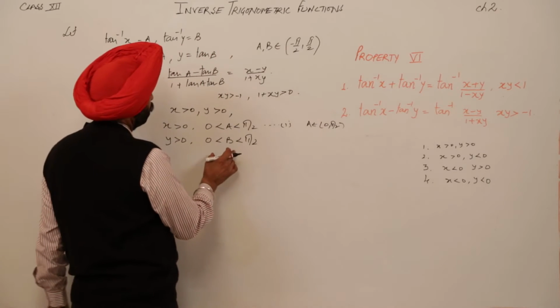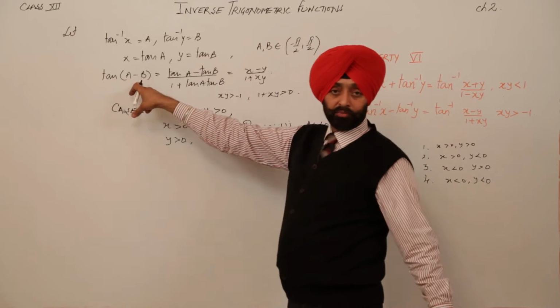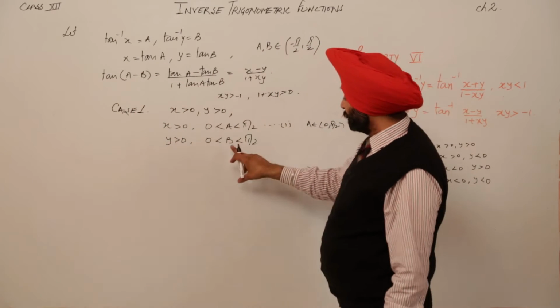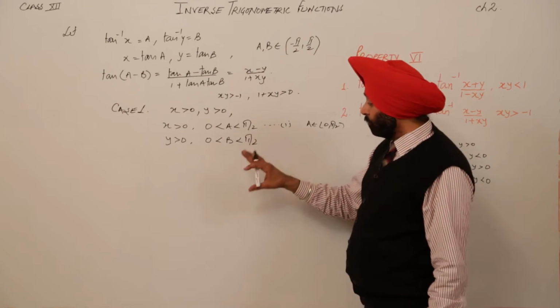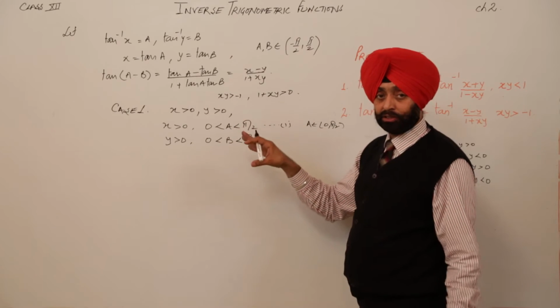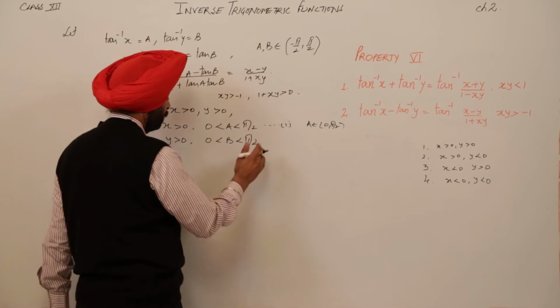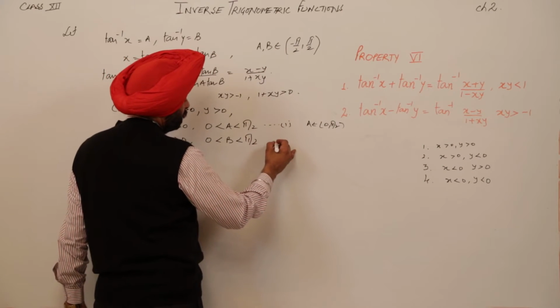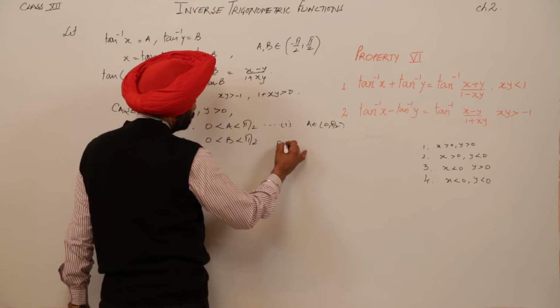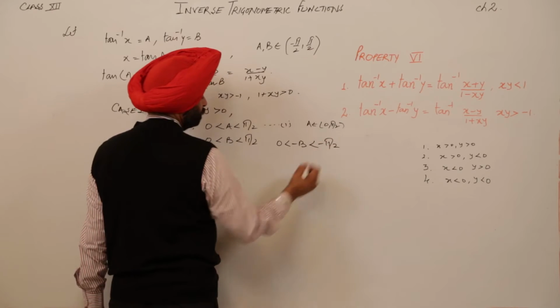So now I want here a minus b, so for a minus b, here it should be minus. I am not writing the multiplication by minus for all 3 parts, but we actually get the same thing. Now what should I do here? Then I will write 0 is less than minus b is less than minus pi by 2.